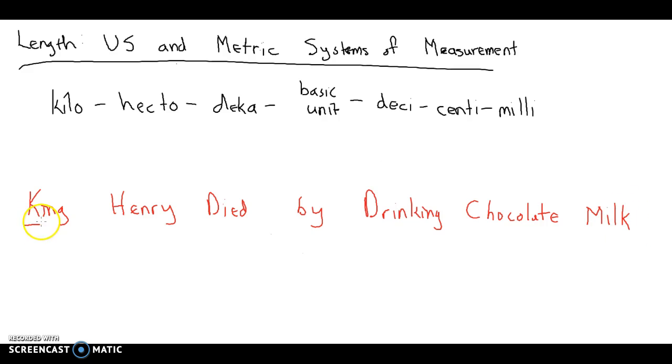Okay, so you got King Henry died by drinking chocolate milk. Okay, so you got your kilo, hecto, deca, basic unit, drinking, which is deci, centi, milli.